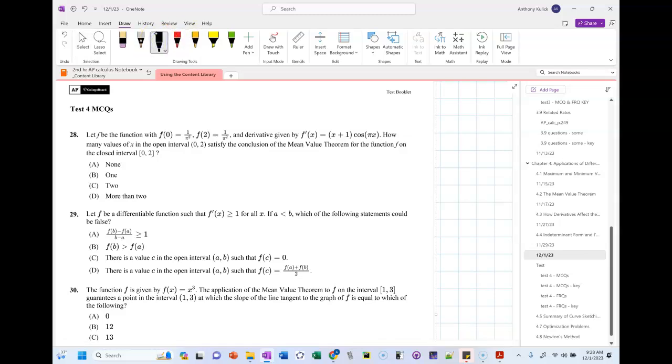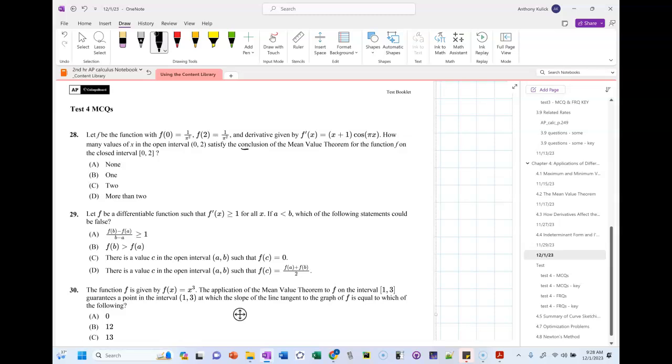So 28 reads, let f be the function with f of 0 equals 1 over pi squared and f of 2 equals 1 over pi squared. And the derivative given by f prime equals yada, yada, yada. How many values of x in the open interval 0, 2 satisfy the conclusion of the mean value theorem for the function f on the closed interval 0, 2?